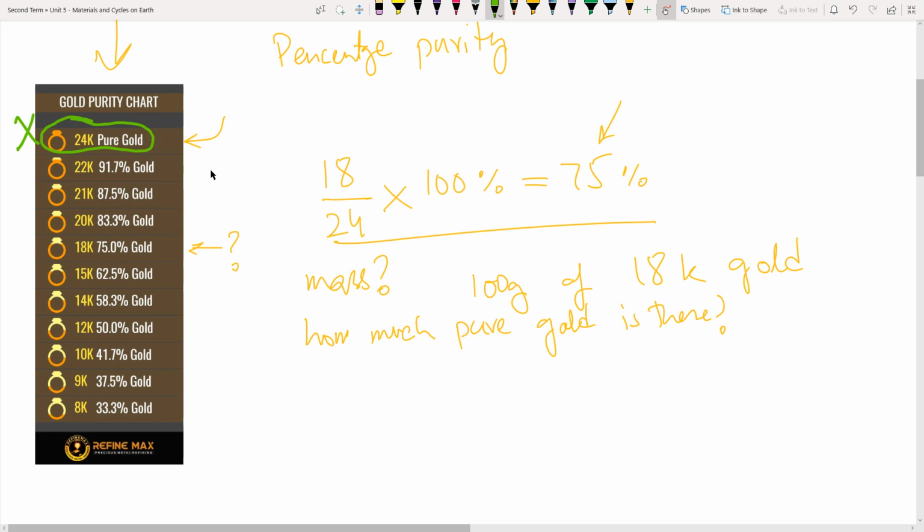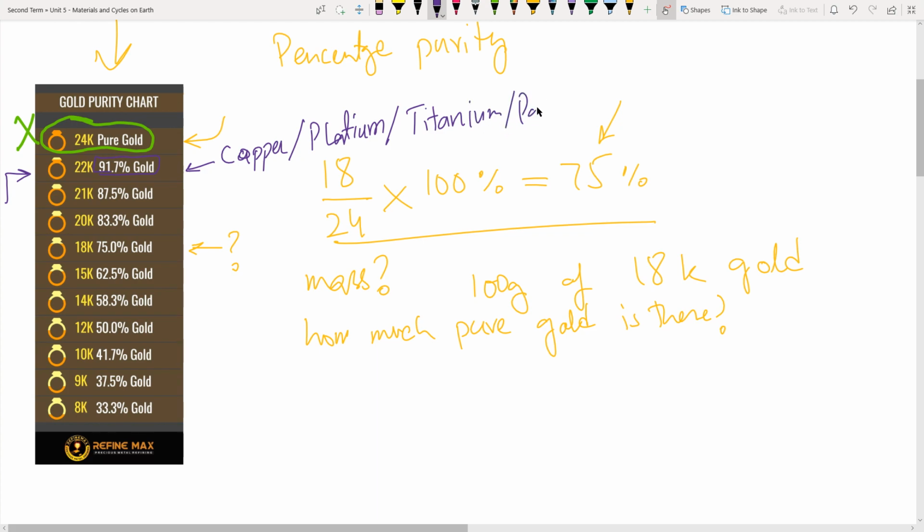Hence the maximum that is sold in the market is 22 karat, and that is 91.7% pure. That means it contains other elements like copper for making it strong, or platinum to give it a different, shinier color. Then we have titanium to make it stronger.